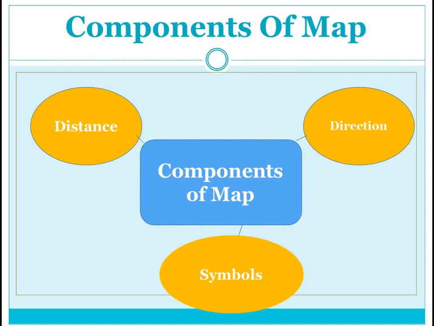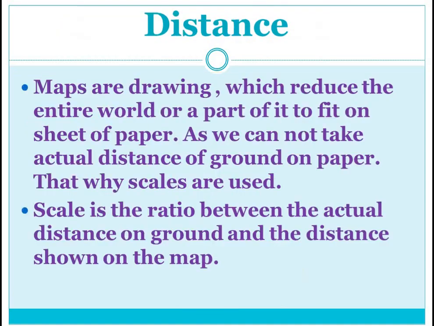Then directions. We must know about the directions, then we will be able to understand about the different places. Then symbols. We use different type of symbols in maps. So that is also important to learn about the map, the symbols we must know. So these are the components of the map.